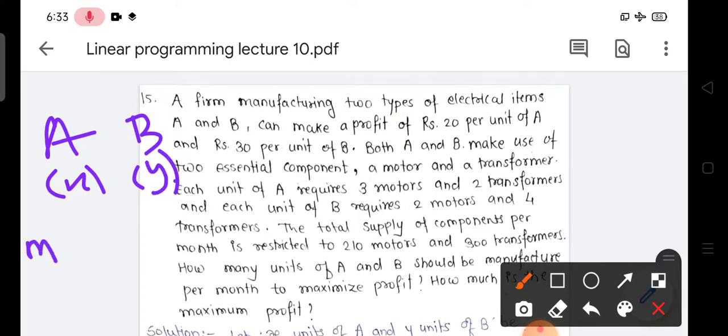Motor and transformer. So for A, how many motors are required? 3 motors and 2 transformers. For B, 2 motors and 4 transformers.